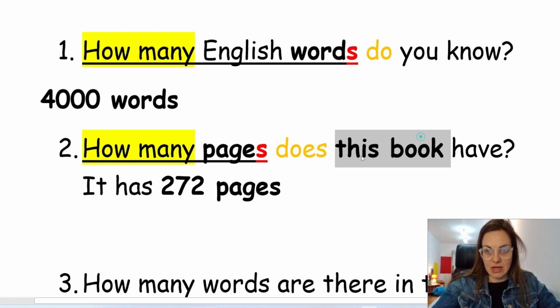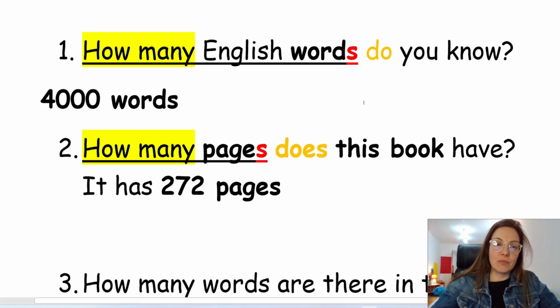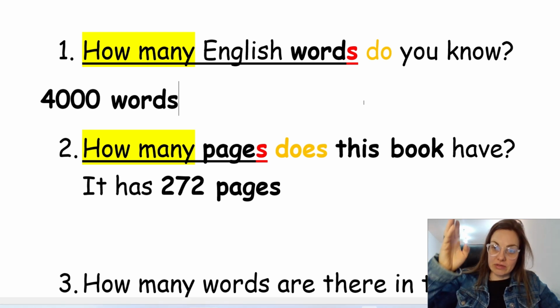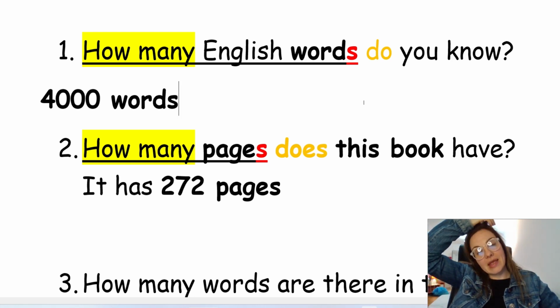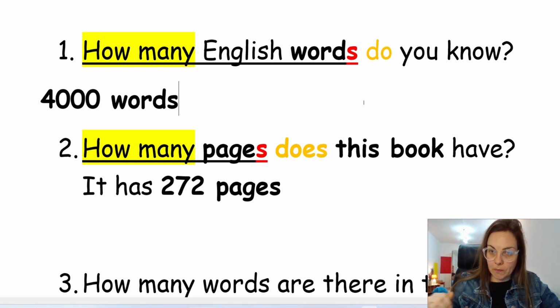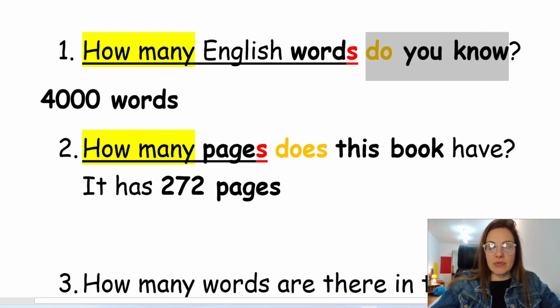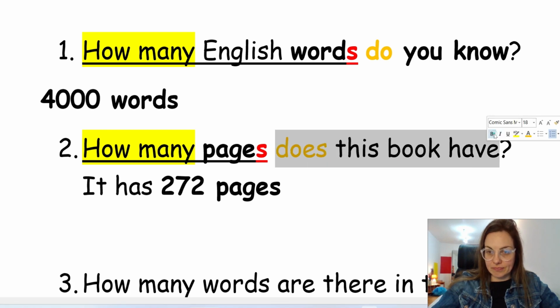The book is third person singular, so we have does. And here is you, second person, so we have do. The important thing is, after how many words, how many pages, comes the auxiliary verb, the subject, and the main verb at the end. So how many English words do you know? Don't forget do. Do you know? How many pages does the book have?